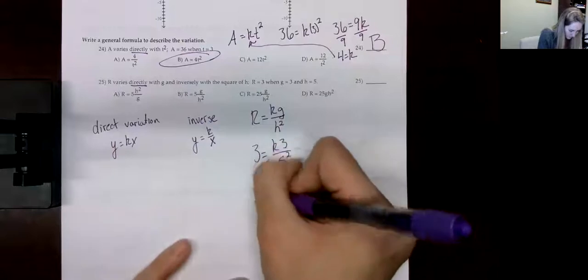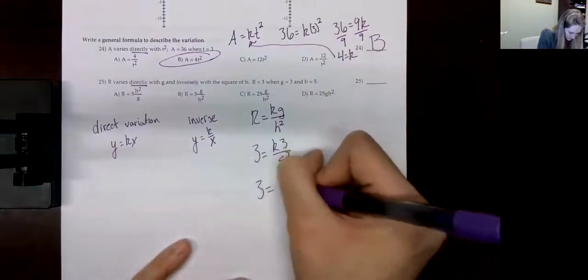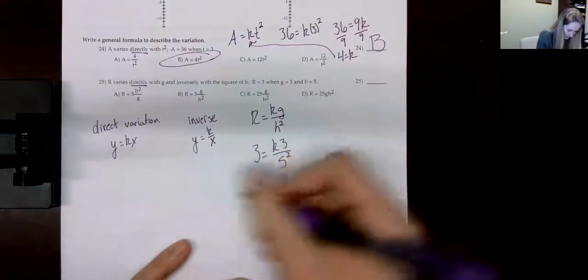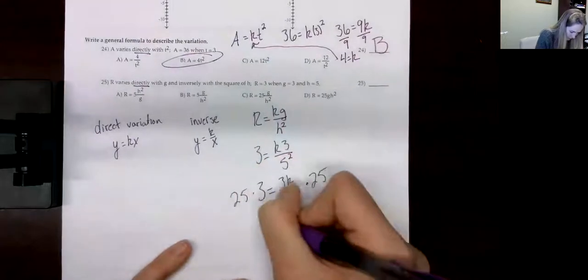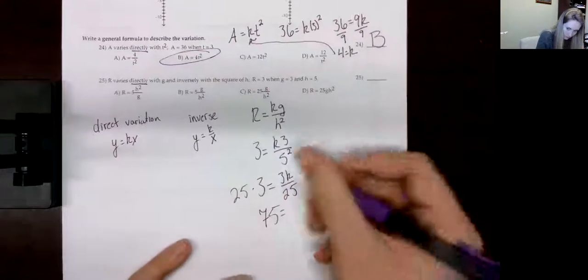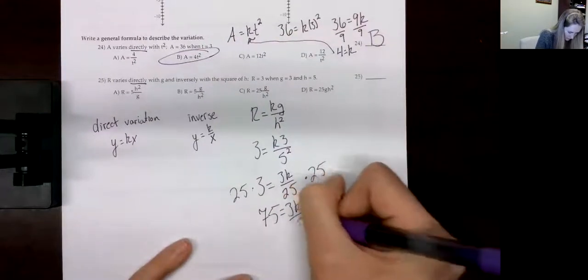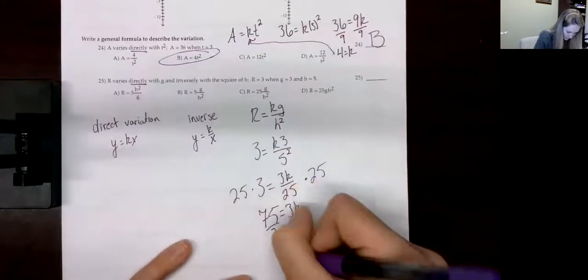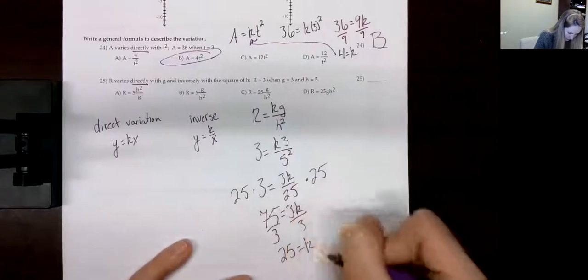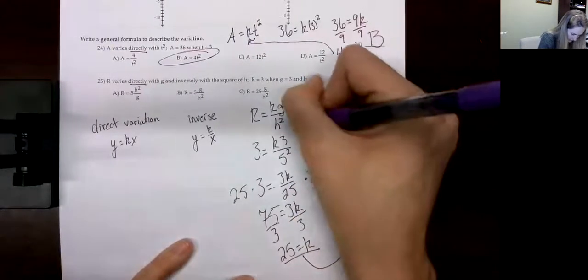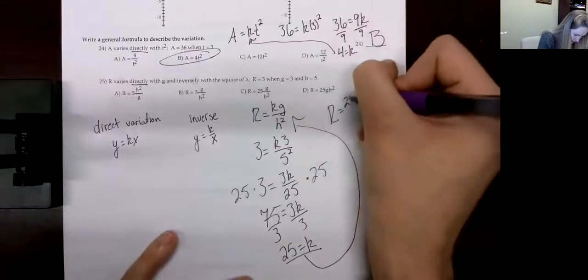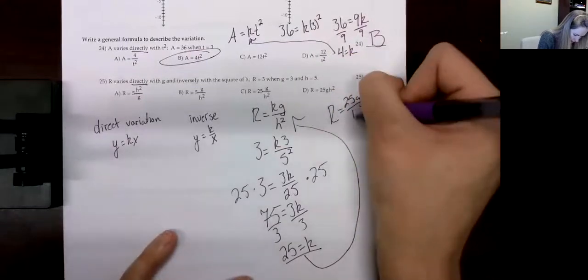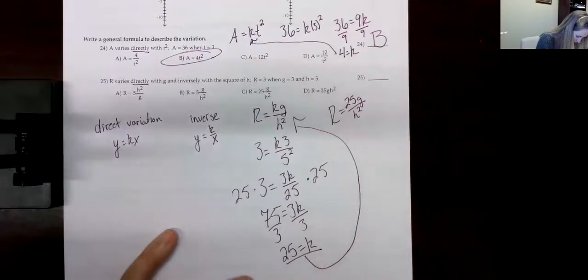Solve for K. So we'd multiply by 25. Once you solve for K, substitute it back into the original. So we have R equals 25G over H squared.